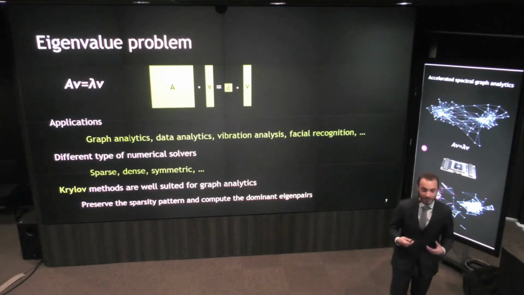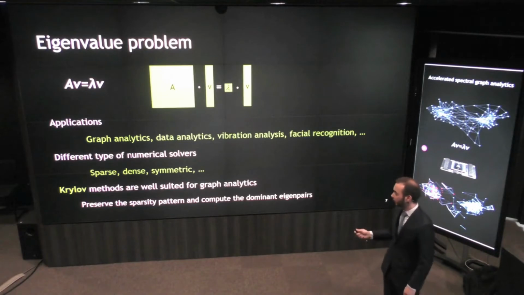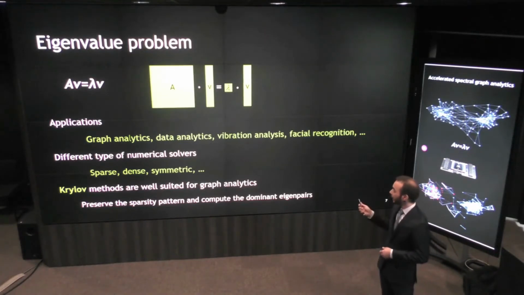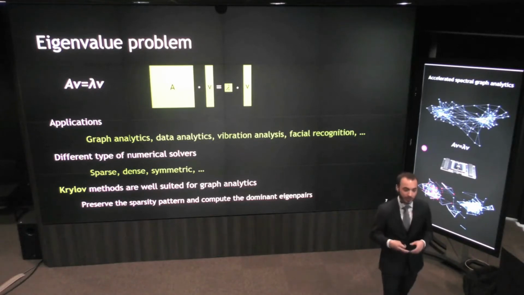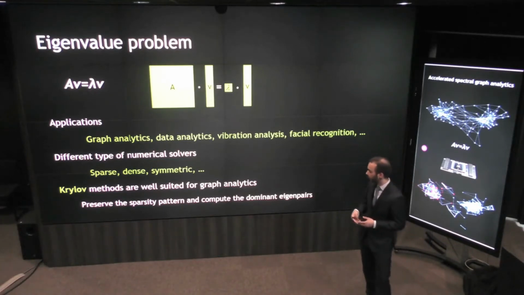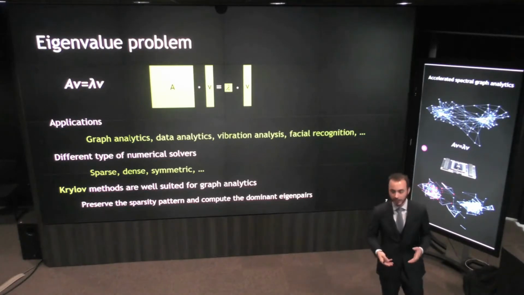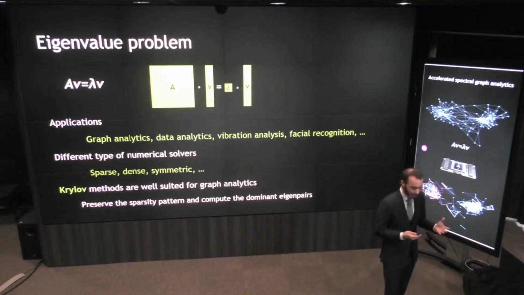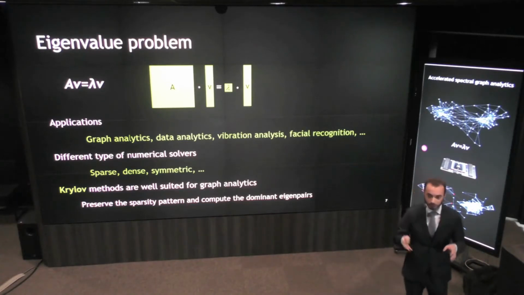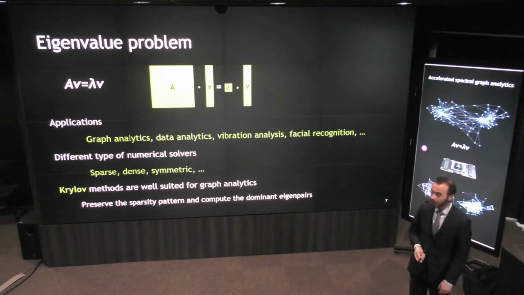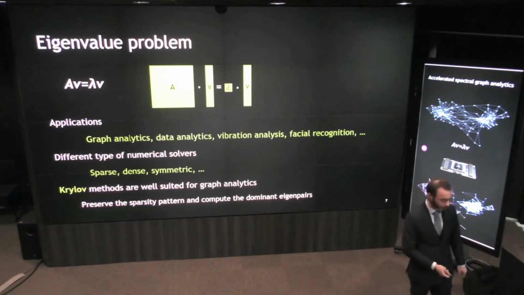And Krylov methods have the nice advantage that they can preserve the sparse pattern, they don't add any value in the matrix. And also, they compute the dominant eigenvectors by nature, which is exactly what we need in the case of networks. For PageRank, we need the largest eigenvector, and for clustering, in the case of modularity, we will have a subset of the largest eigenvectors.